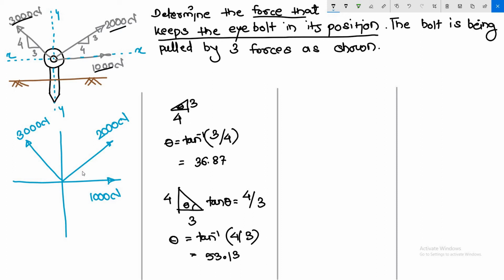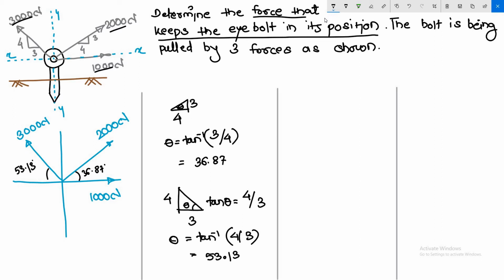Therefore, for 2000 Newton the inclination is 36.87 degrees, and for 3000 Newton the inclination is 53.13 degrees.